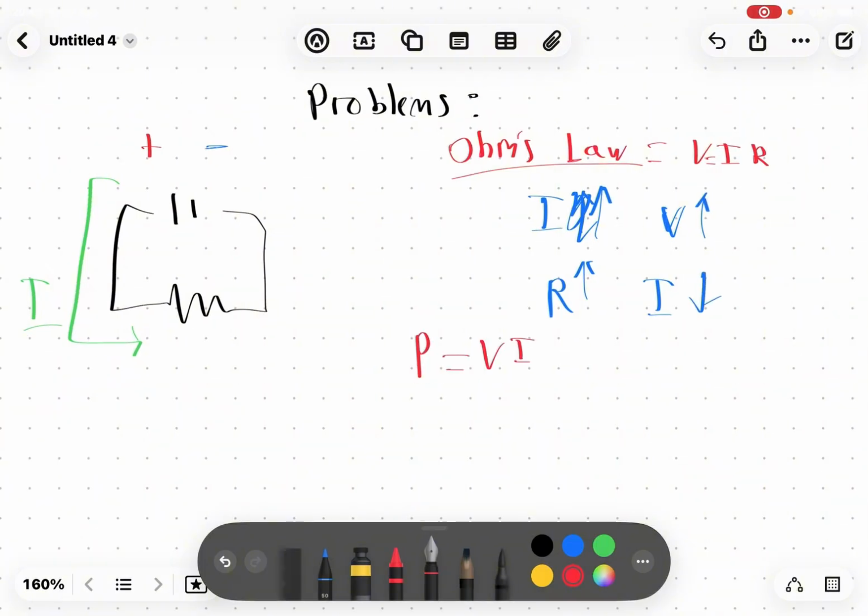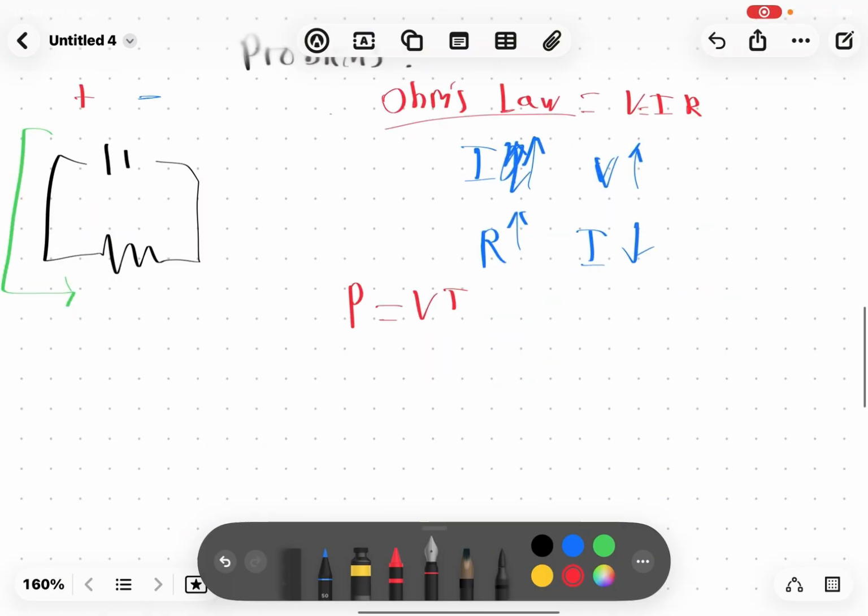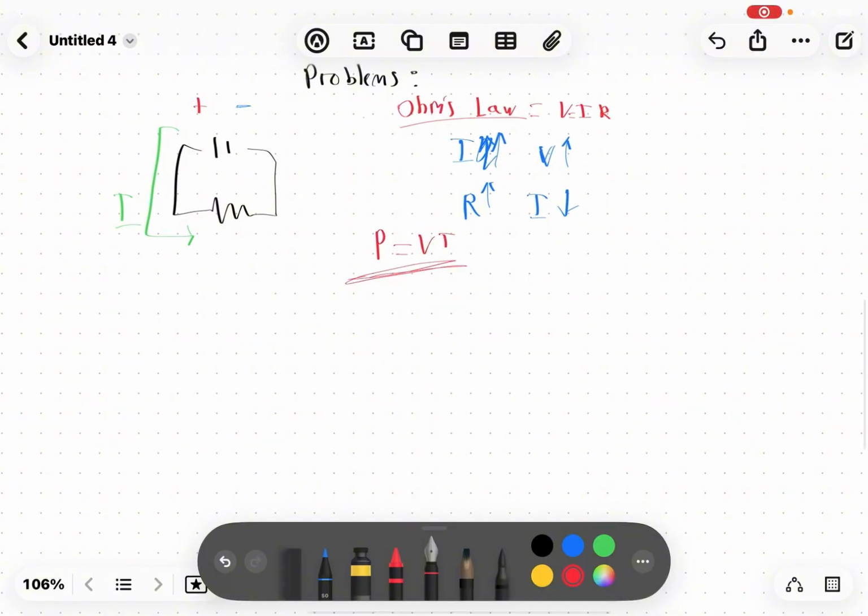However, we also have to know that electric power is a product of voltage and current. And for this equation, there are 3 forms.